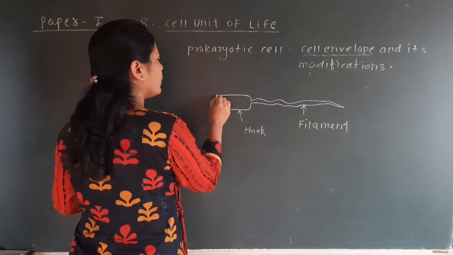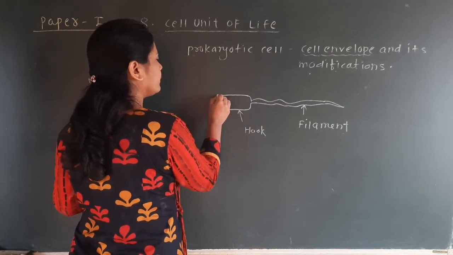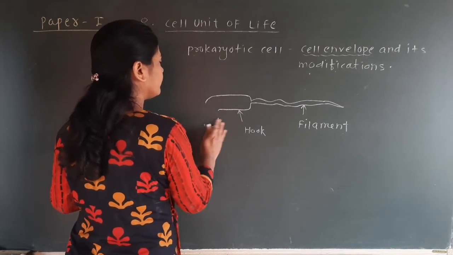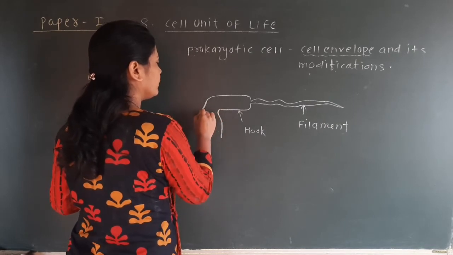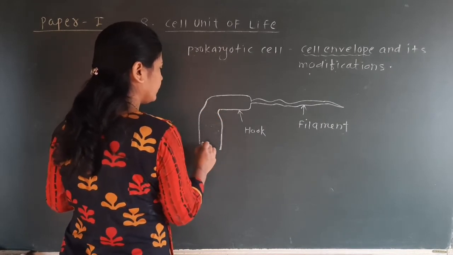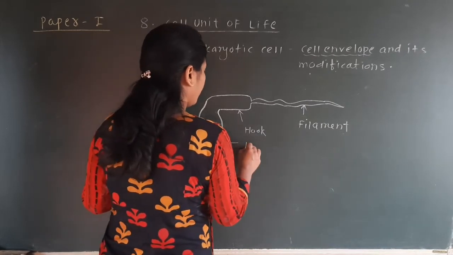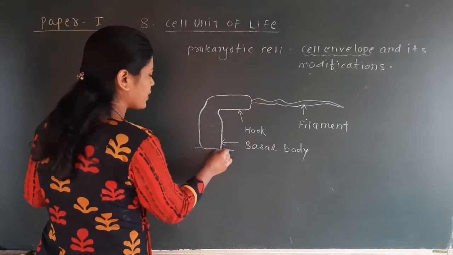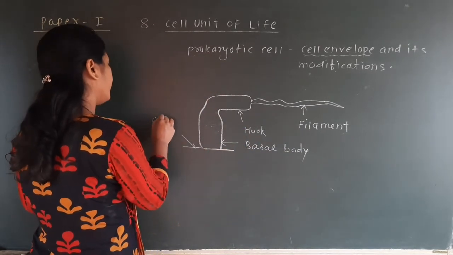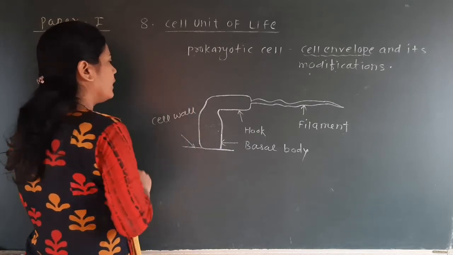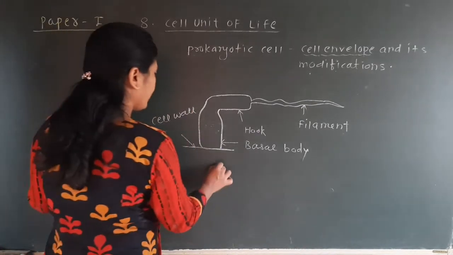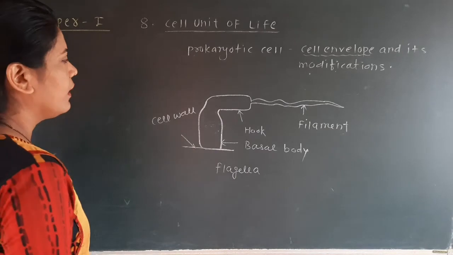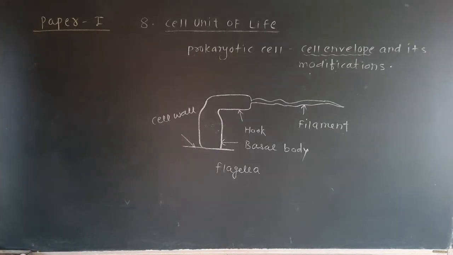This one is called hook. This is called basal body, which is generally attached to the cell wall. Here we are discussing the ultrastructure of this flagella.